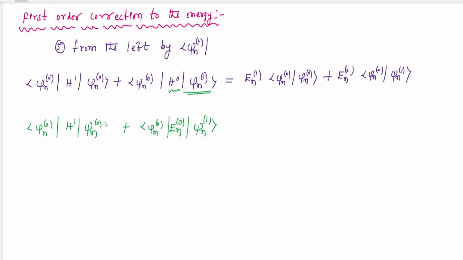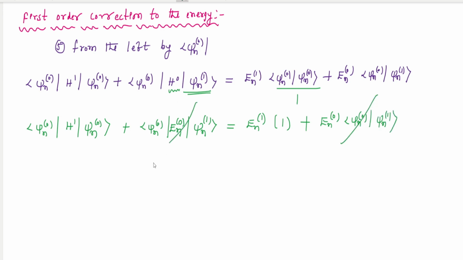That equals En¹ ψn. So this is 1, right? ψ star ψ is equal to 1, no need to write this. So this is already 1, plus En⁰ ψn⁰ ψn¹.